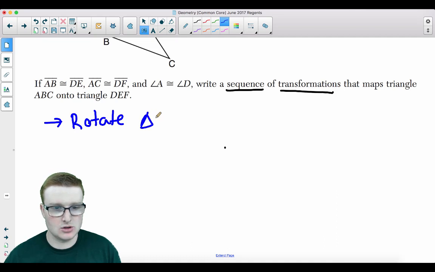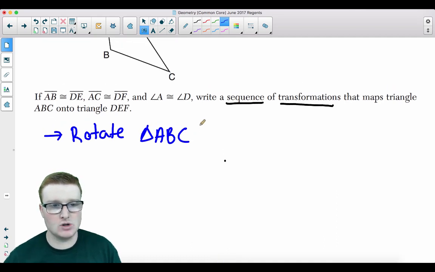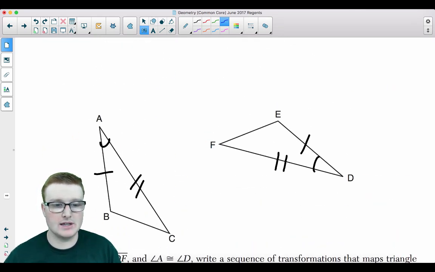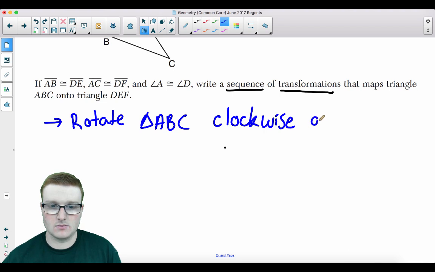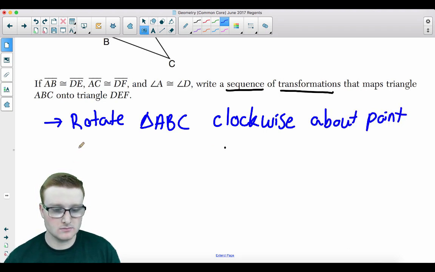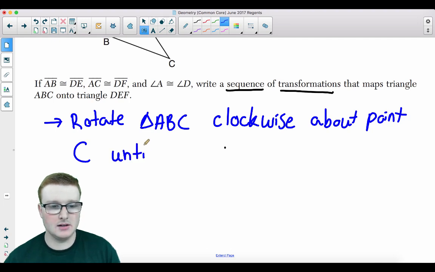Rotate triangle ABC, which is this triangle over here, triangle ABC, clockwise about point C until DF is parallel to AC.